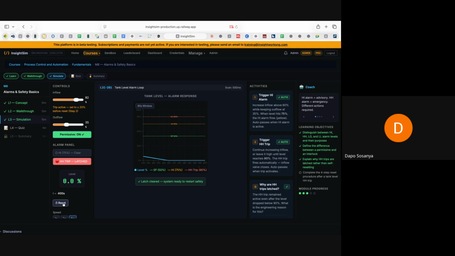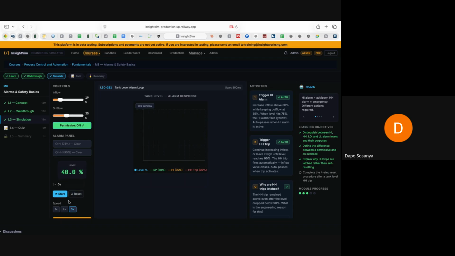So if we reset, let me go back to this, less than this. I'll need to reset. So it's less than 20. That's a bug in that simulation. We should be able to continue from the level we were at after the trip.